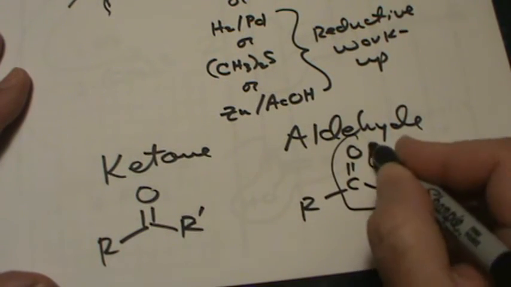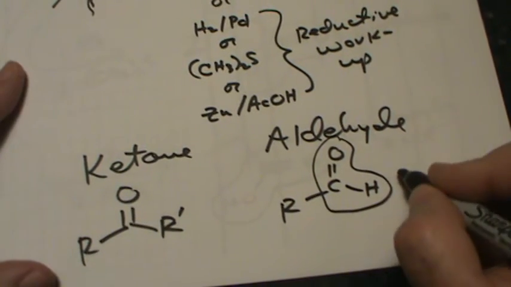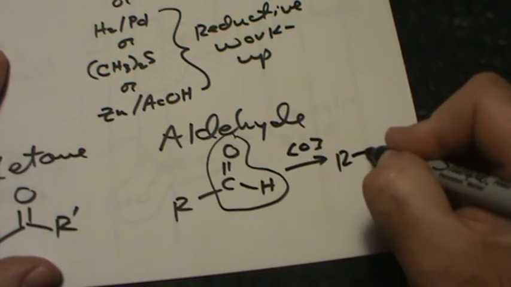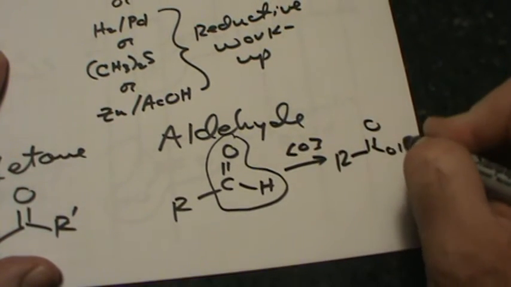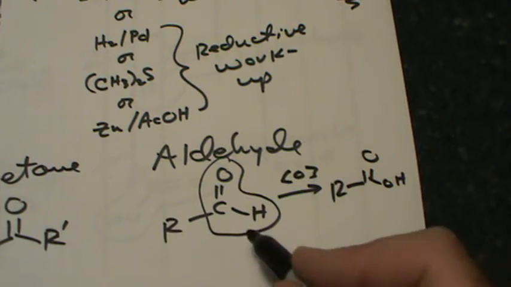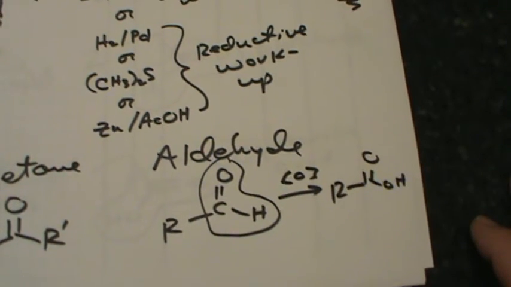This aldehyde with this hydrogen here can, under oxidative workup conditions, continue to oxidize all the way to the carboxylic acid. So that's what we see when we work under oxidative workup conditions. On the other hand, if we're under reductive workup conditions, the aldehyde will simply be stable.